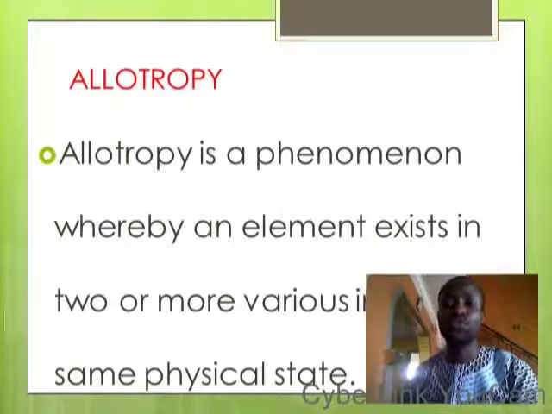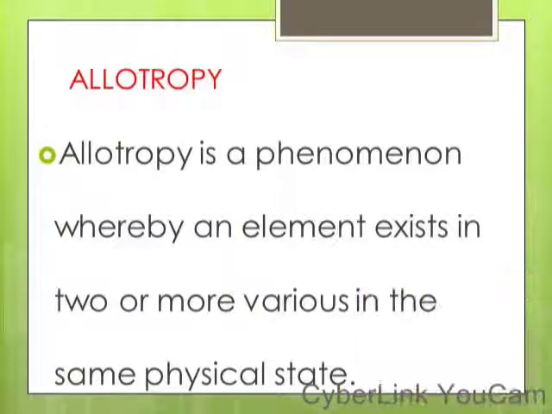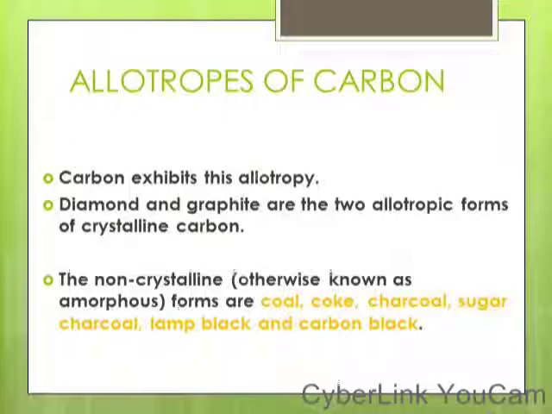Now, allotropy. What is the definition of allotropy? Allotropy is a phenomenon whereby an element exists in 2 or more different forms in the same physical state. Please take note of that.